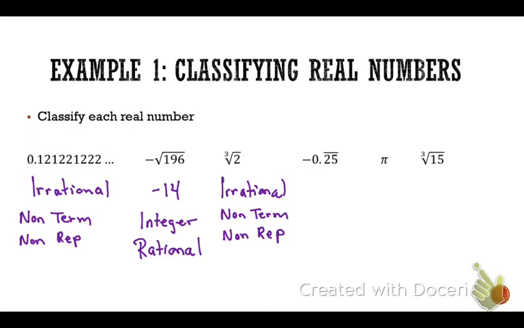What about negative 0.25 with that bar over it? What kind of number is that? It's a repeating decimal. Is a repeating decimal rational or irrational? It's rational because it is predictable.